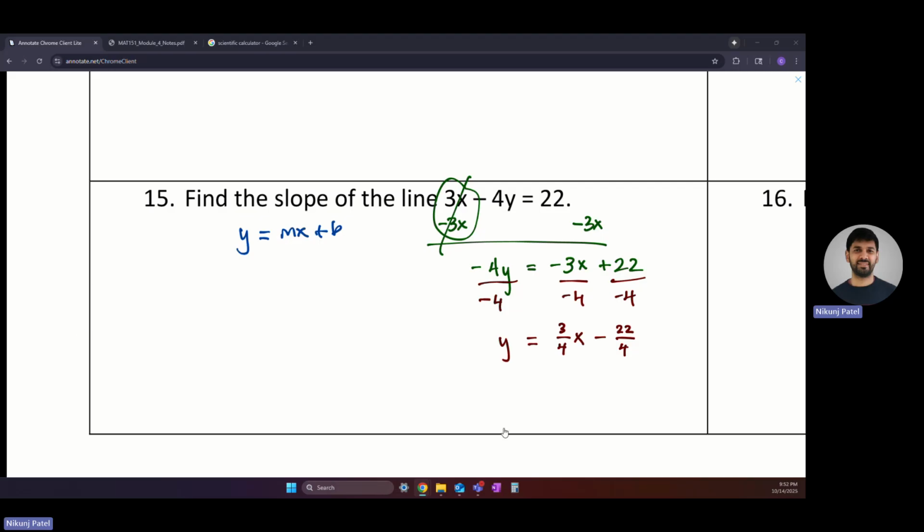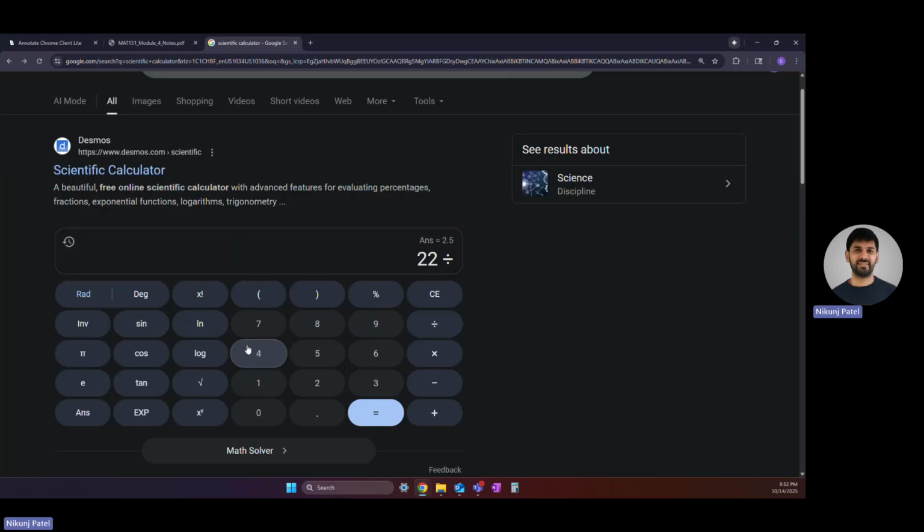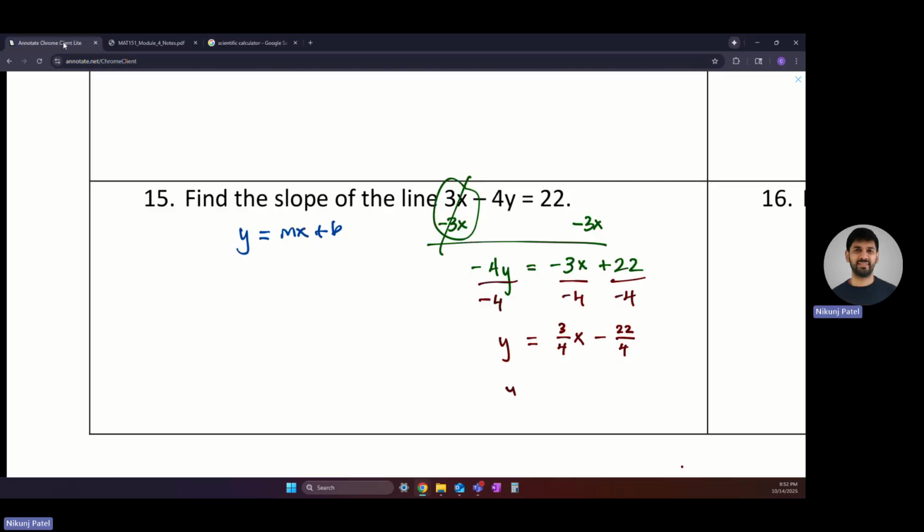In some cases, we would leave it as a fraction. In other cases, we could write it as a decimal, 5.5. So in some cases, you might see it like this: y equals 3/4 x minus 5.5. But most of the time, it'll probably look like that right there. It just depends on your answer choices, but both of these are valid answers. Just depends on what you see. In either case, they are equivalent.